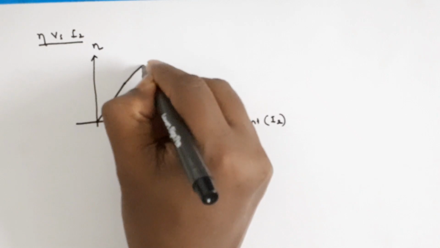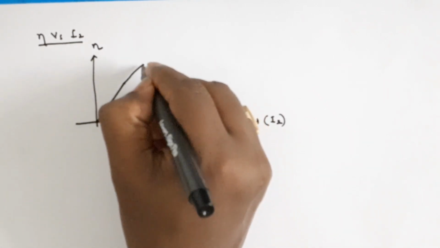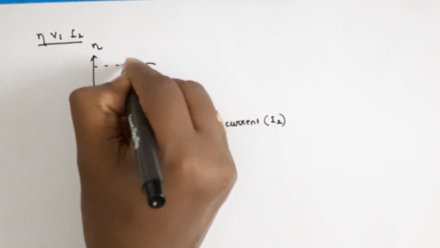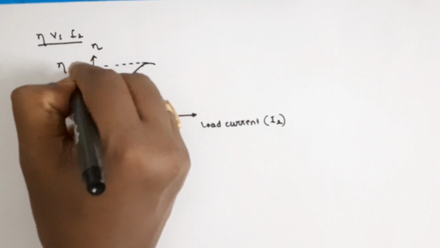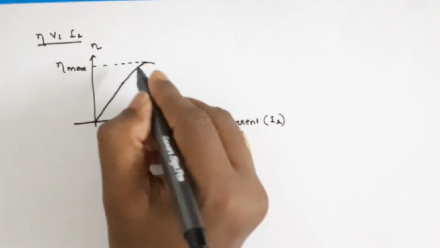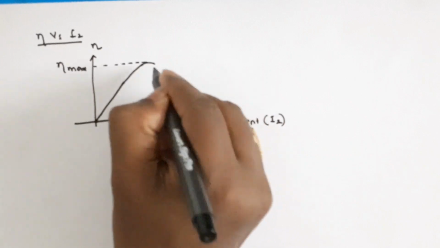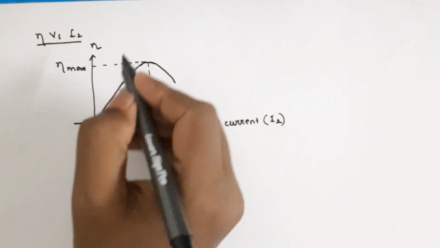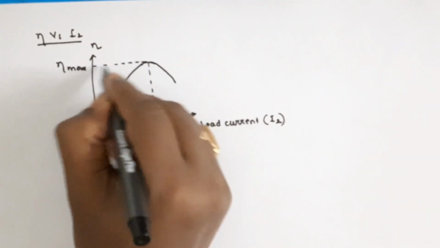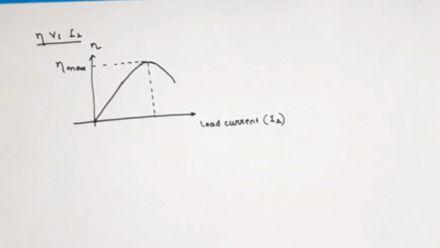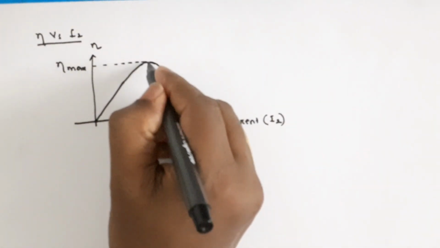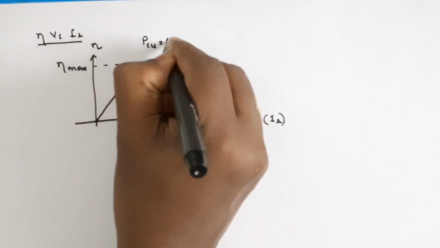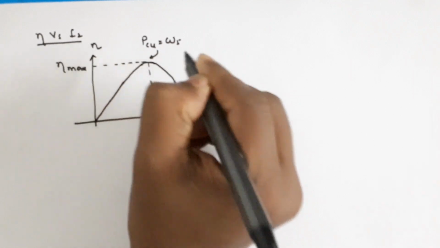At a particular value of load current, the efficiency becomes maximum. This is maximum efficiency. If we increase the current beyond this point, then the efficiency will decrease. This point is the maximum efficiency point. Just as we have derived, at maximum efficiency iron loss equals the copper loss. Here copper loss equals the iron loss at this point.